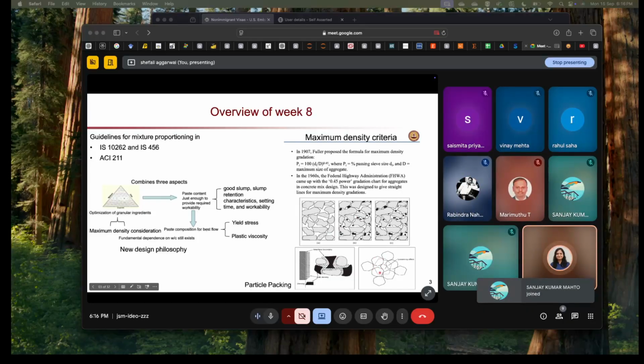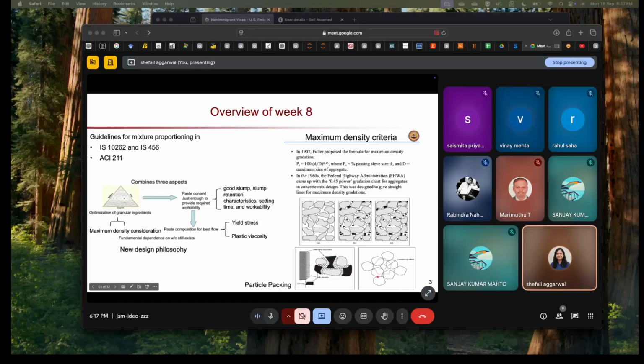Because of angular aggregates you have a lot of space, and because of the space there is a problem of loosening effect, and therefore we should not use such kinds of aggregates in our concreting. We will check the shape and texture of aggregates, angularity and all those tests. So we should avoid these angular aggregates as much as possible, so that you don't have voids in your packing system.